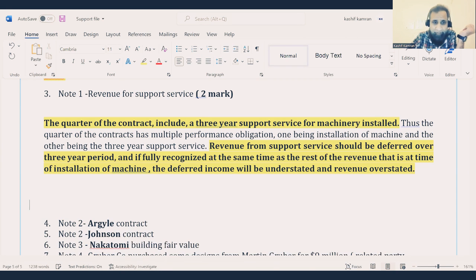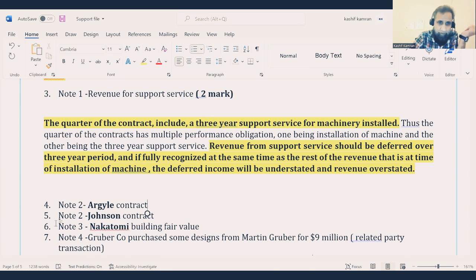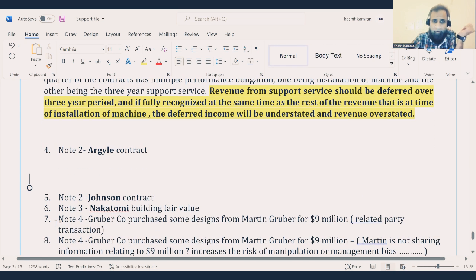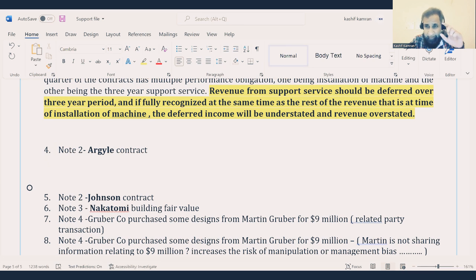Now see how the marking scheme will differ. You look at note number 2, which is the Ergel contract. In the Ergel contract, we had the amount, $2.2 million. I think this is the first situation which had the amount.